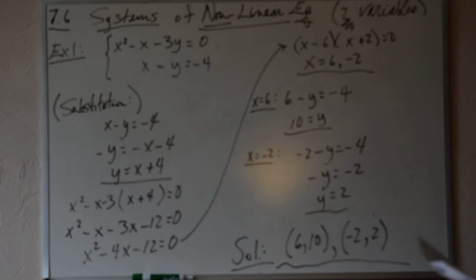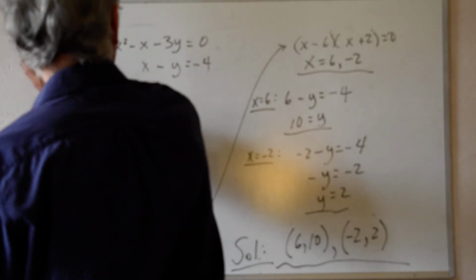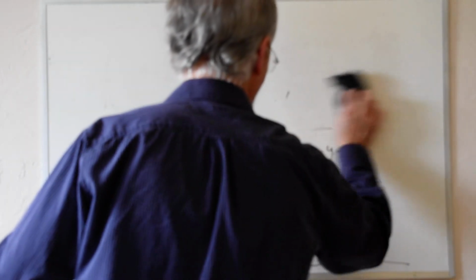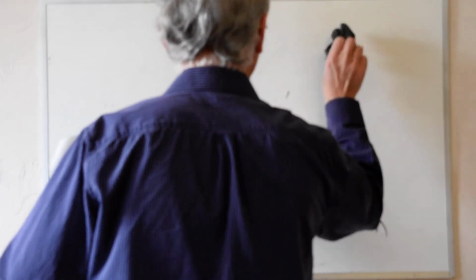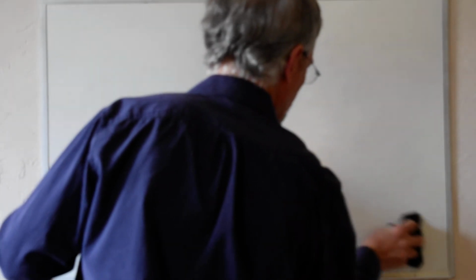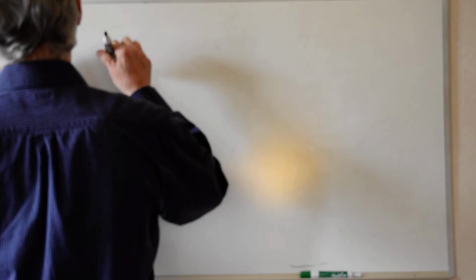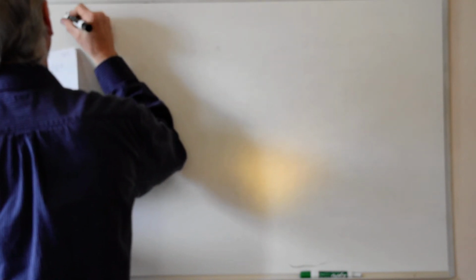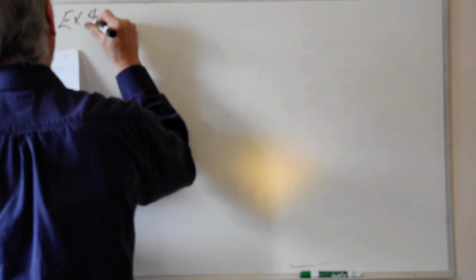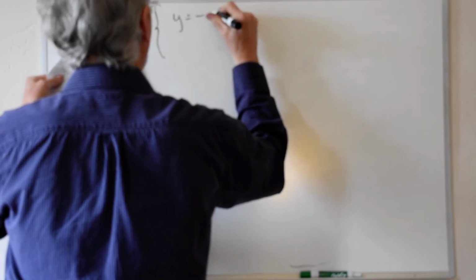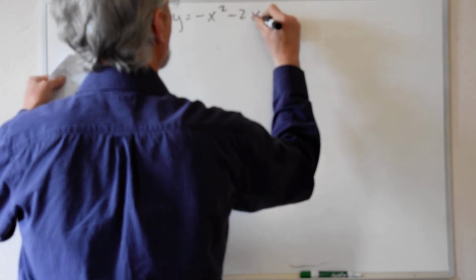How about graphically? Let's look at example 4. We've got this system. y equals negative x squared minus 2x plus 8.